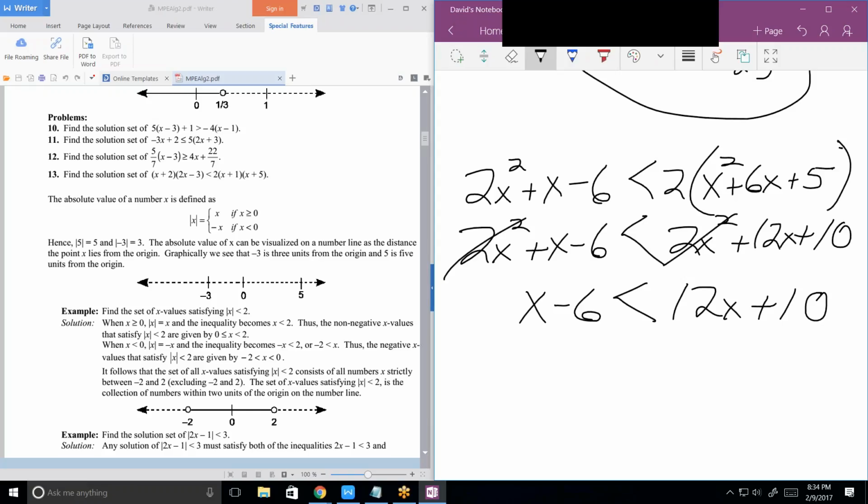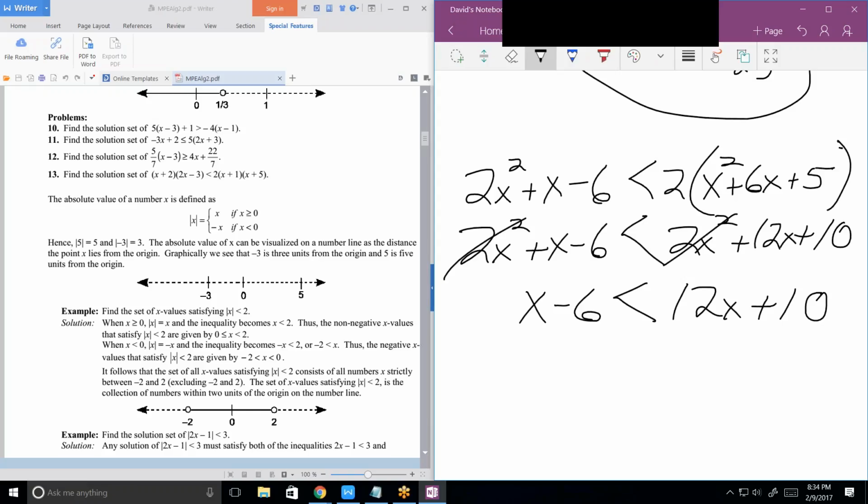In other words, normally I would say move the variables to the right, because that'll give you a positive coefficient. But when you're dealing with inequalities, a lot of people are very uncomfortable with having the variable on the right side of that inequality. They just don't like it. So when you're dealing with inequalities, I would say always move the variable to the left.